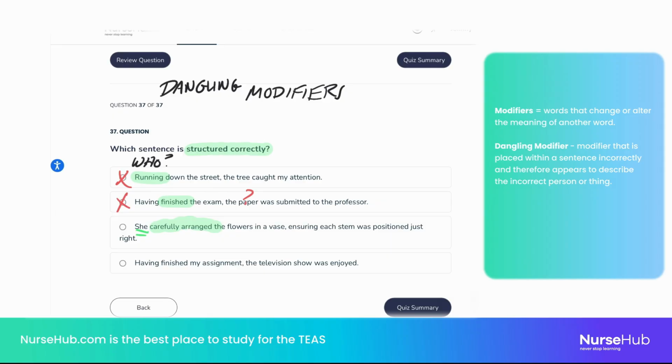Having finished my assignment, the television show was enjoyed. Again, having finished the assignment, it's another massive question of who. So we're also going to cross that one off, which means ding, ding, ding. Very last question. We know who arranged those flowers. It is she who arranged those flowers. That is our correct answer.